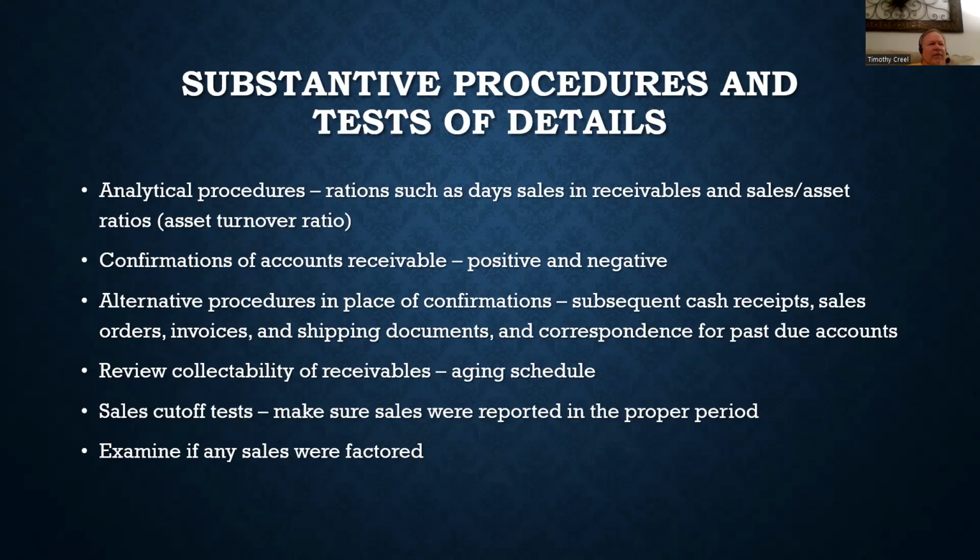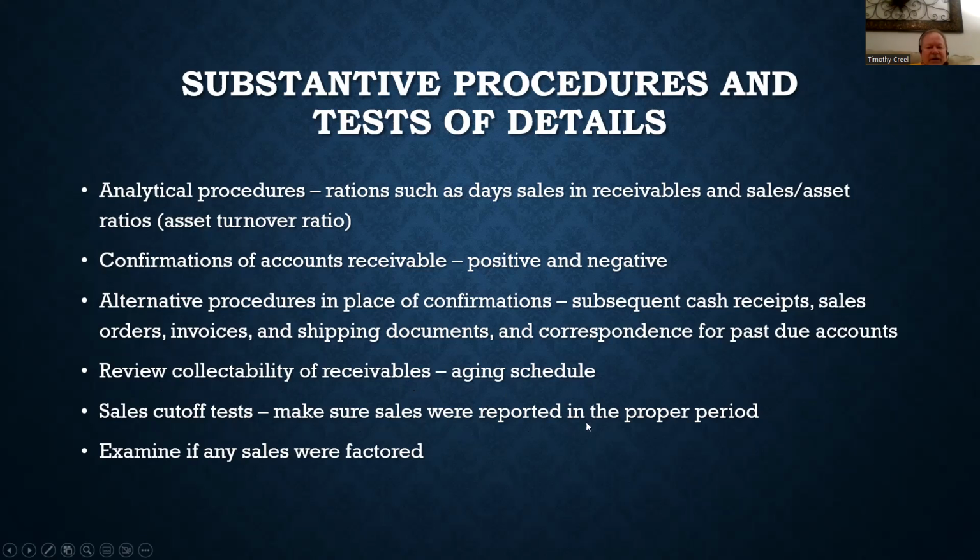Again, this is another way to verify, without confirmations, that a sale has been made and also that an amount is due to the company in terms of accounts receivable. Now, review the collectability of receivables. Again, an aging schedule is a great way to do that.